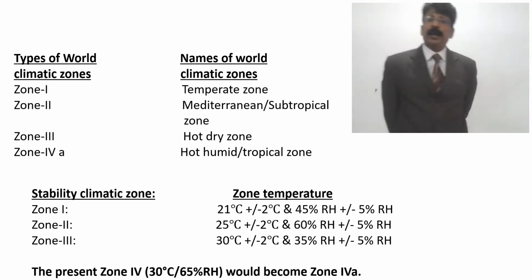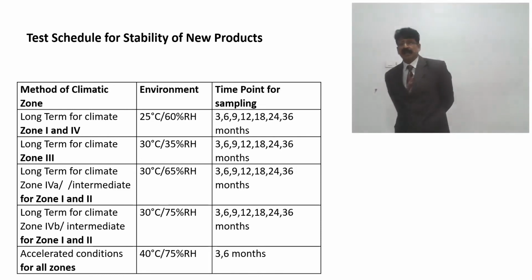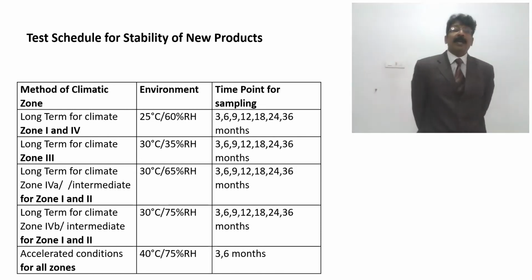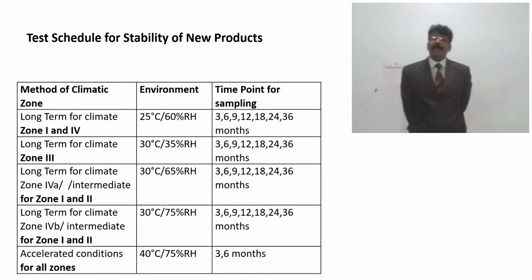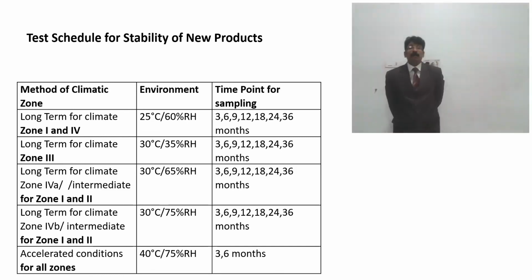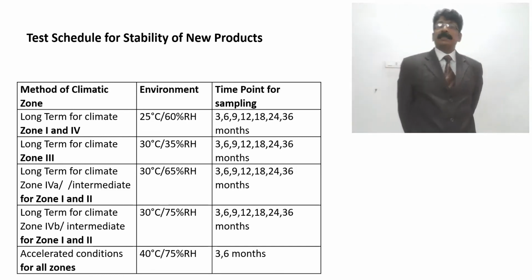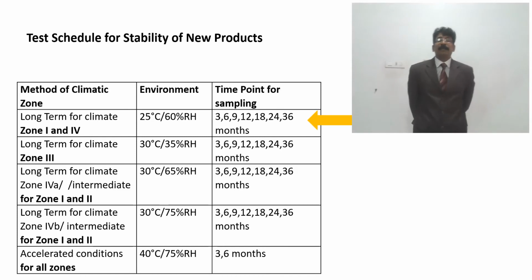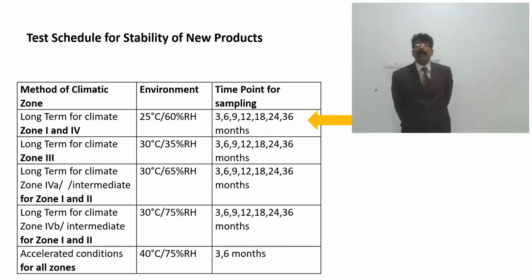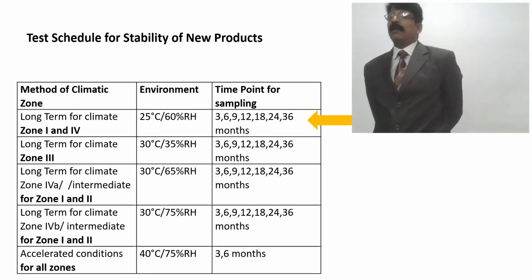We have specified this because here we made a method of climatic zone, how you are maintaining it for the stability study. For example, for zones 1 and 2, that is 25 degrees centigrade, 3 months, 6 months, 12 months, and 9, 12, 18, 24, 36 months can be done as sampling points of testing.